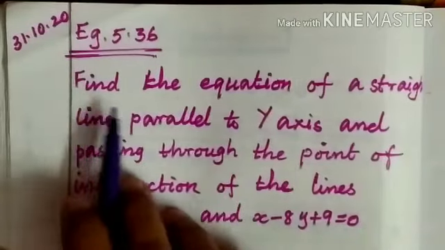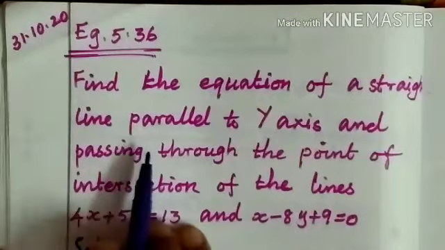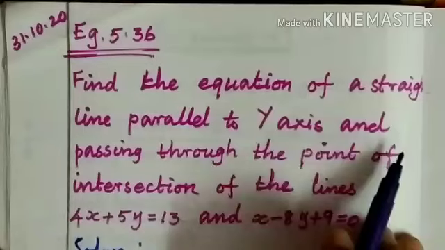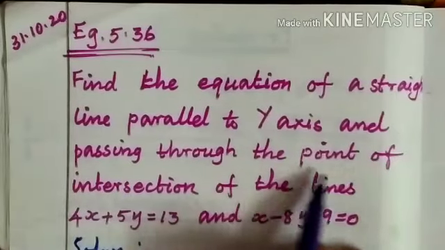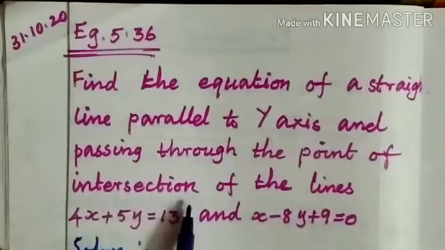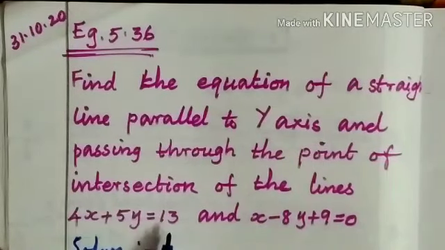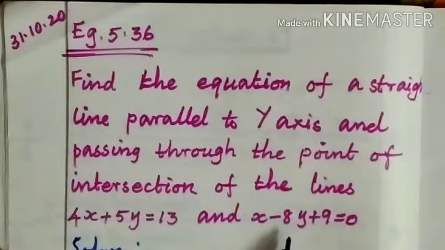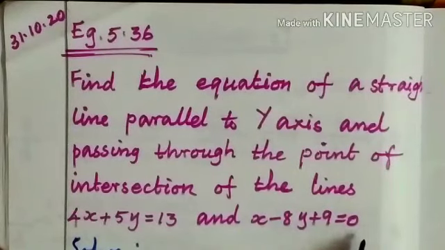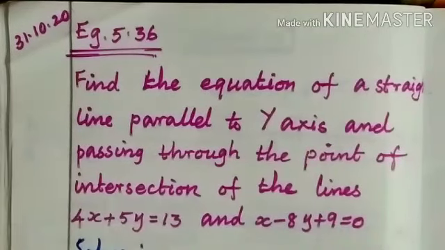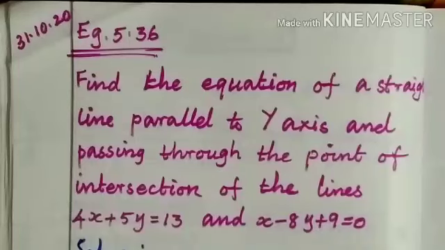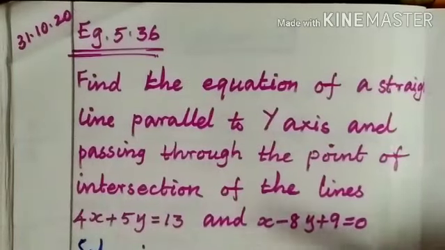See the question. Find the equation of a straight line parallel to y-axis and passing through the point of intersection of the lines 4x plus 5y is equal to 13 and x minus 8y plus 9 is equal to 0. In this question, two straight lines are given.